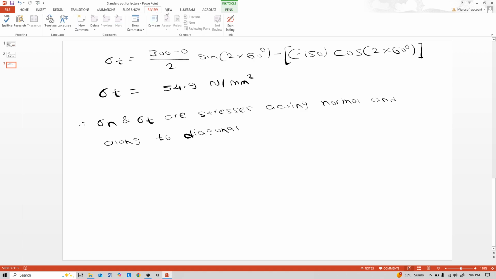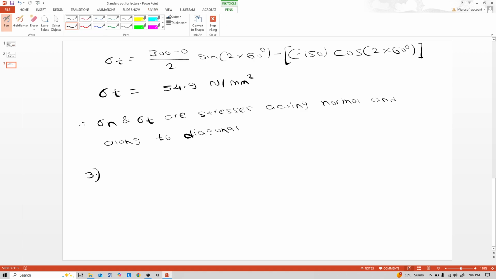Next, calculate strain. Strain along the diagonal.